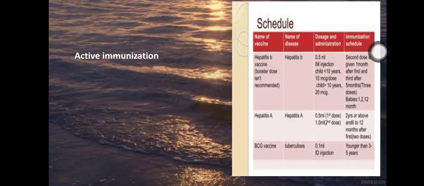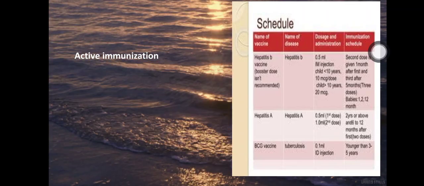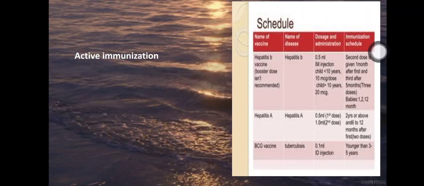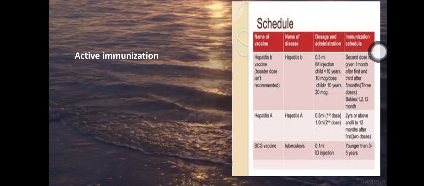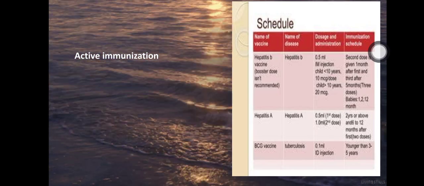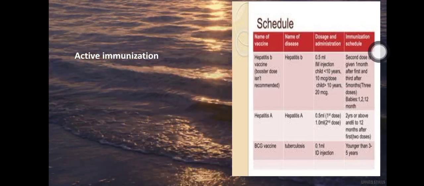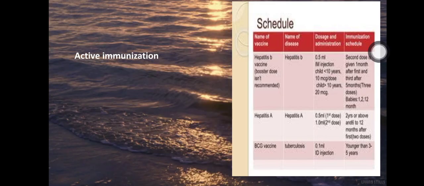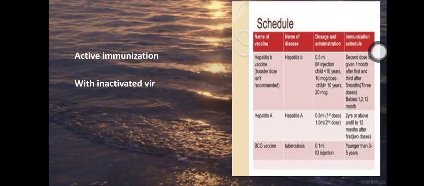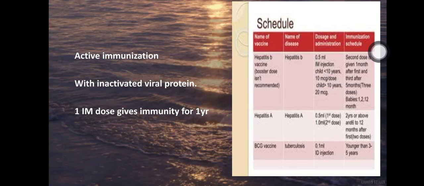Then active immunization, as you know, for hepatitis A, 2 doses need to be given, 0.5 ml first dose and 1 ml second dose for the kids who are 2 years or above, 6 to 12 months after the first dose. If 1 intramuscular dose of vaccine is given, it gives immunity for at least 1 year.